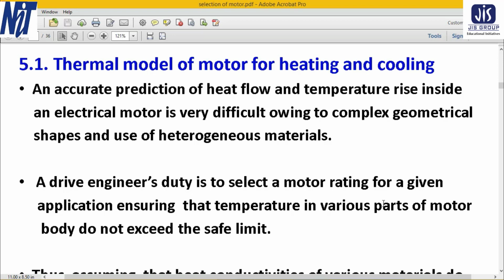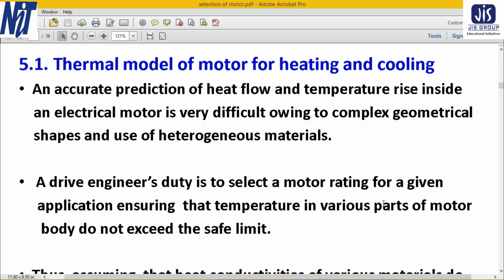Another thing is the categorization of load variation. We just said that different applications have different parameters or patterns.